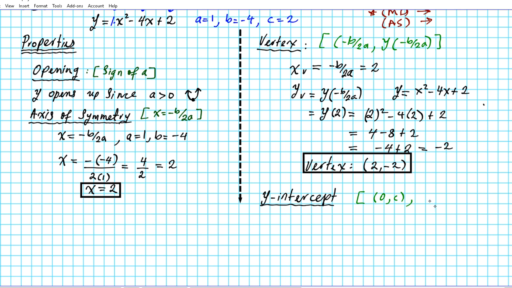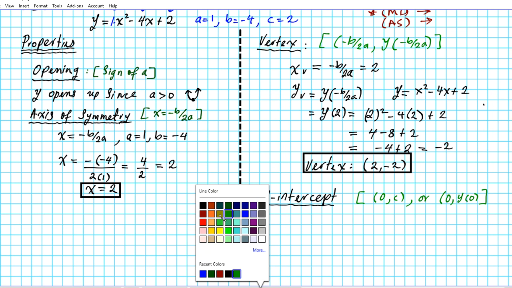But in other forms, for example, the vertex form or the factored form, you might want to consider this formula: 0, y of 0. So y of 0 helps you to find the y-intercept, basically setting x equal to 0. We're going to use both methods here, and then you see that they're exactly the same thing, okay?